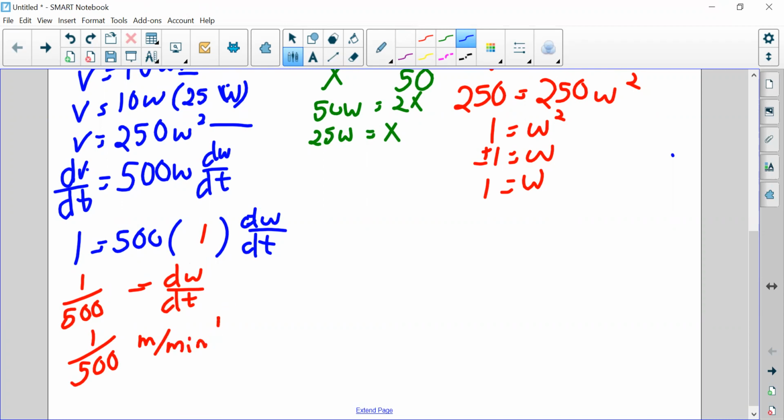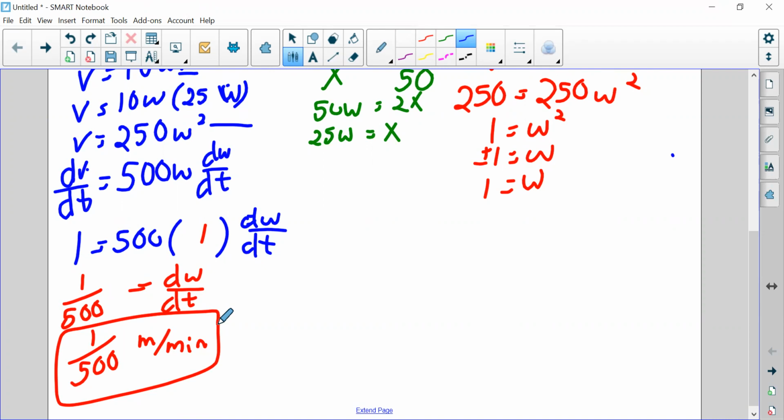There's your answer for part A. We're asked how fast is the water level rising 250 minutes after it starts being filled. My answer would be: 250 minutes after the water starts to fill, the water level is rising at a rate of 1/500 meters per minute.